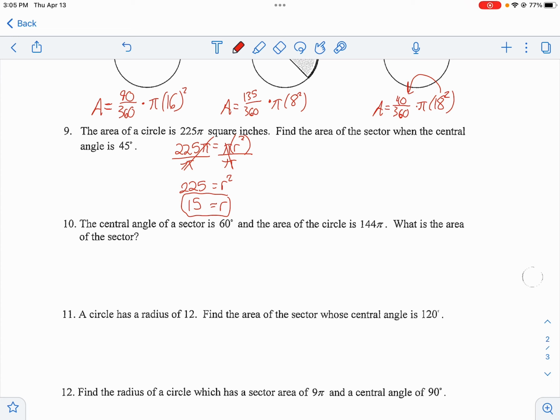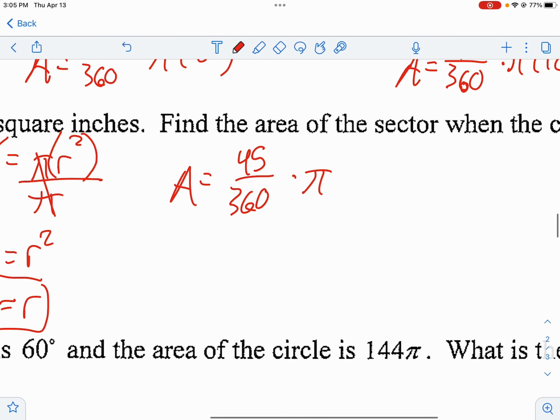Find the area of the sector when the central angle is 45 degrees. So area is equal to 45 over 360 times pi, and then r squared was my r, it was 15. So that's going to be 45 over 360 times 225, it's about an eighth, is 28.125 pi.